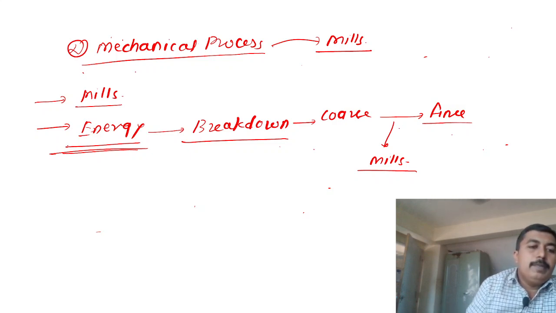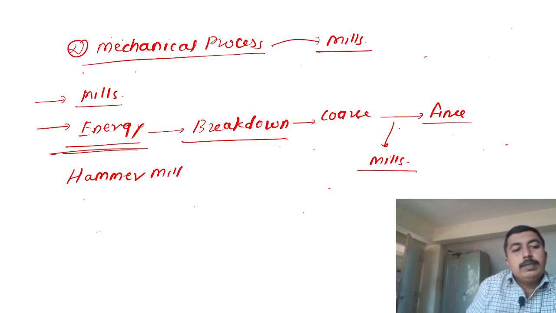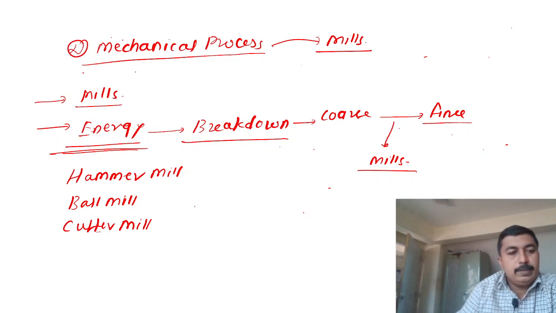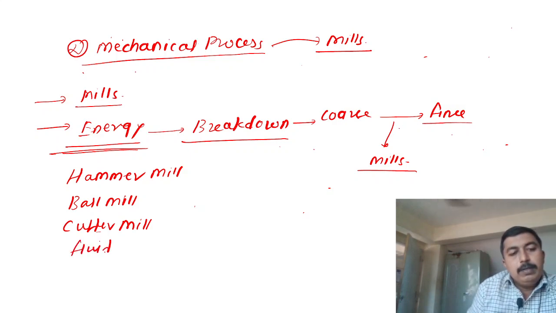Which are the common mills utilized in the pharmaceutical industry? First is the hammer mill, next the ball mill, next the cutter mill. Initially it is used especially for cutting of herbal drugs, especially like bark, branches, roots. Then the fluid energy mill, then the colloidal mill.